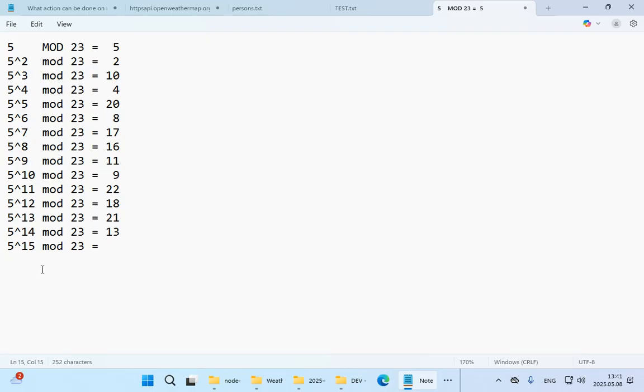Because here, what we have is 5 to the power of 15. 8.